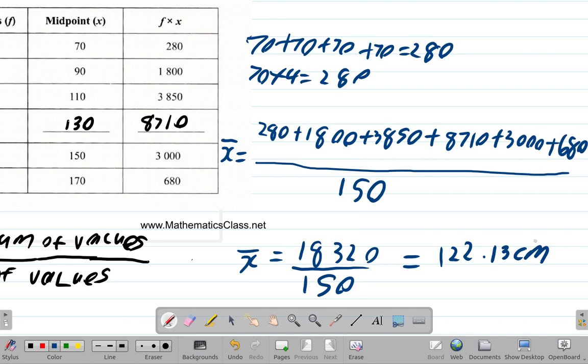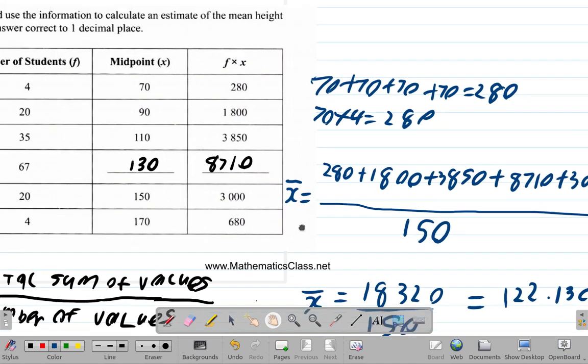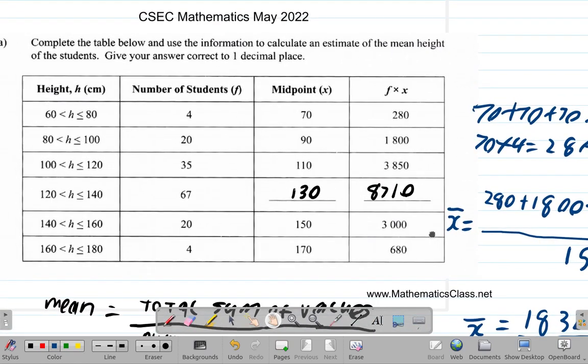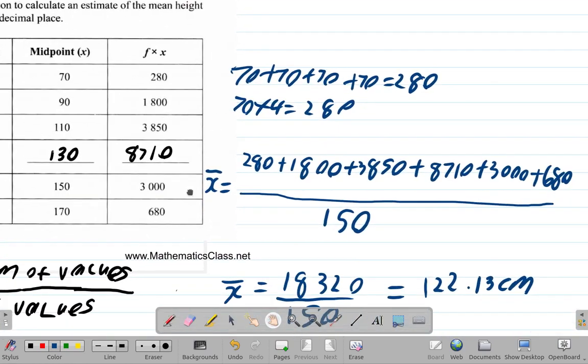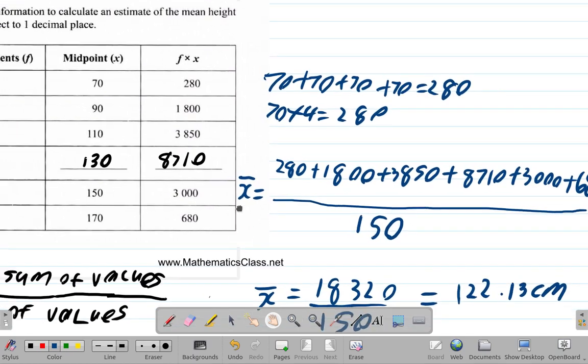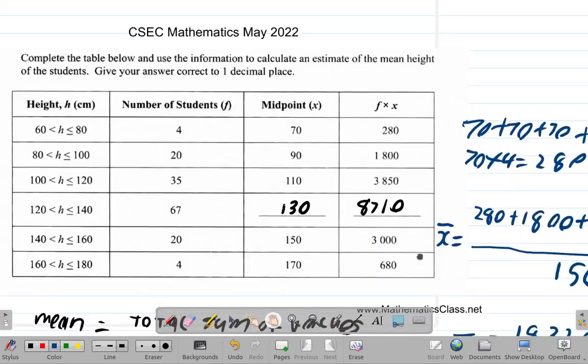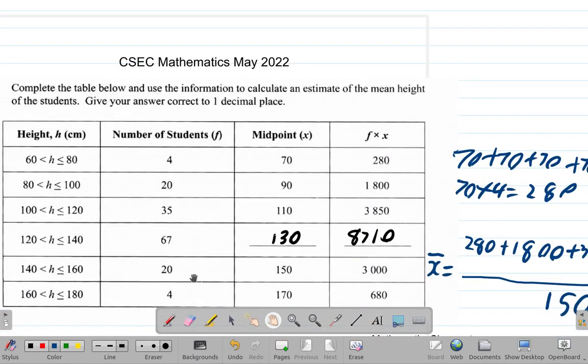So that is the mean height to 2 decimal places. Right? No, to 1 decimal place it said. So it's 122.1 centimeter. So let's just write it up here. 122.1 centimeter. Good. So that's the answer for that part.